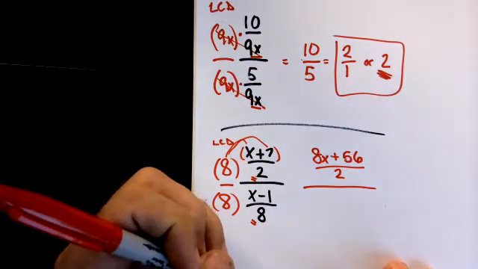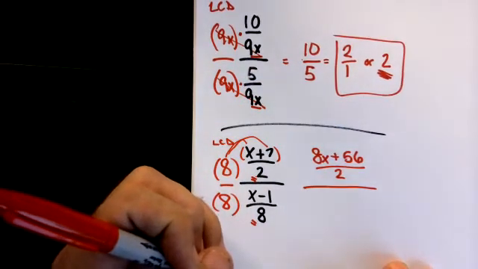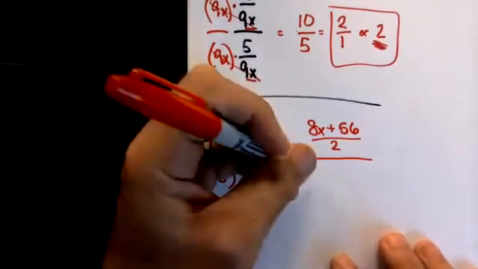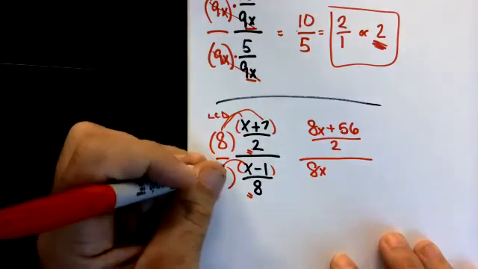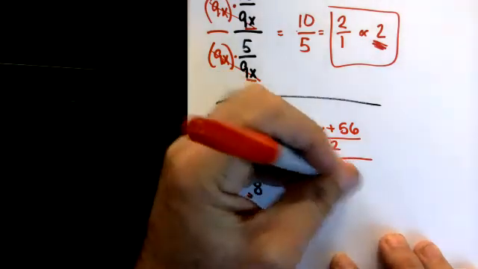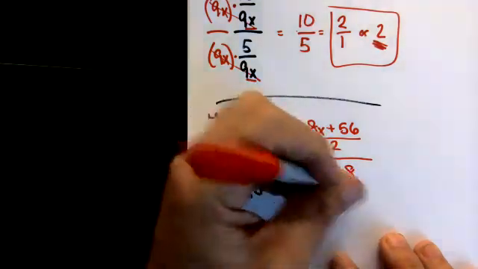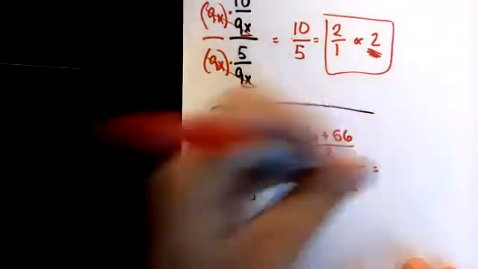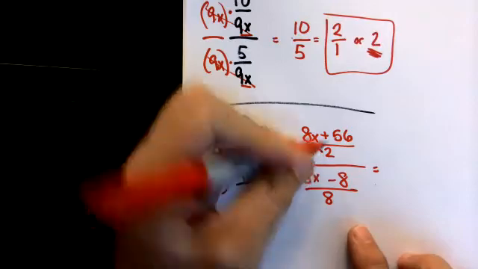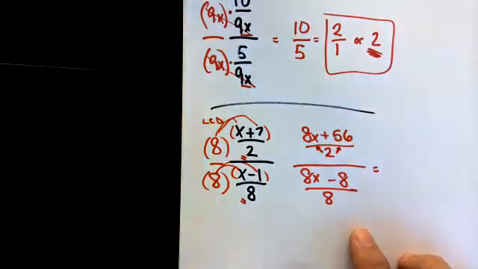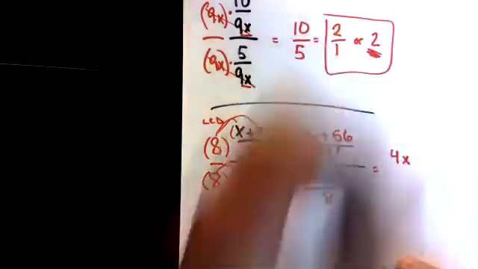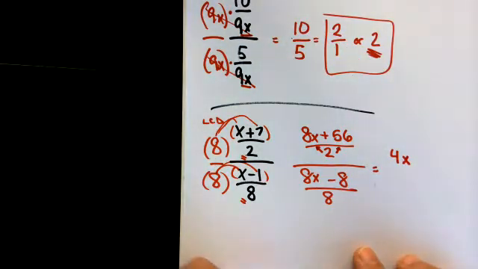Over 2. Same game, distribute here. 8 times x is 8x. 8 times -1 is -8. And that's all over 8. And when you divide here, you've got to divide this into both of those. So 8x divided by 2 is 4x.